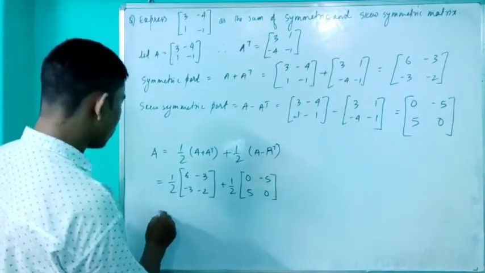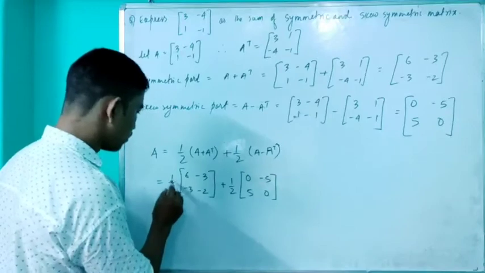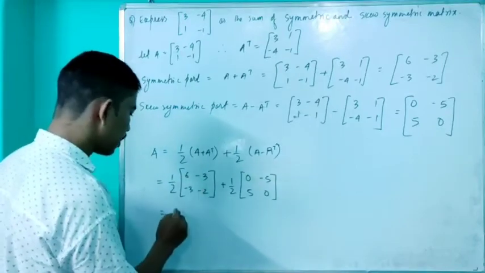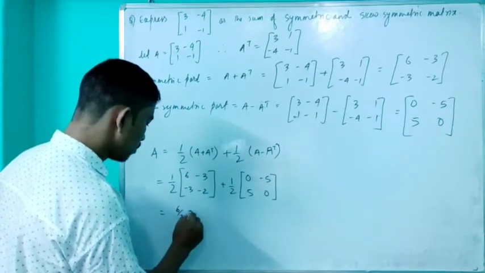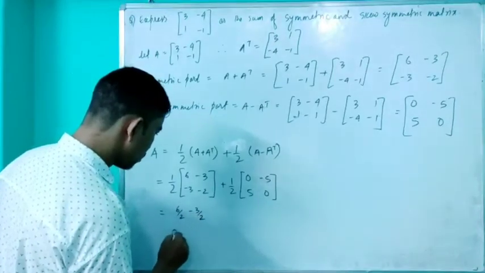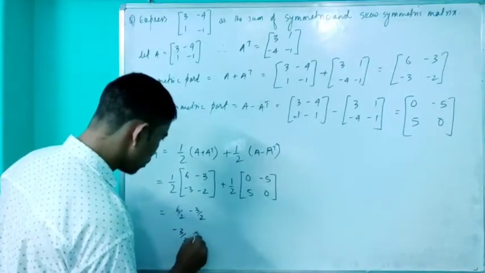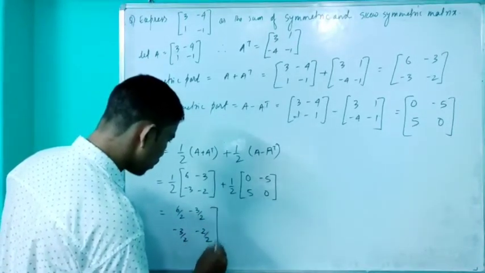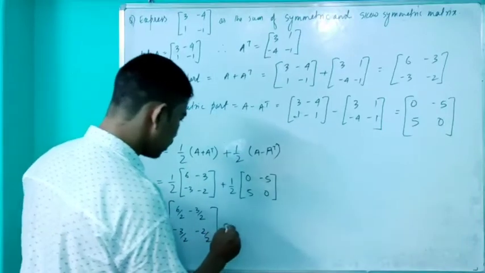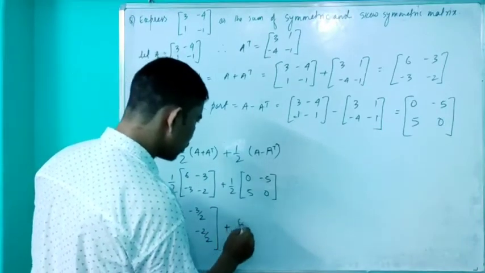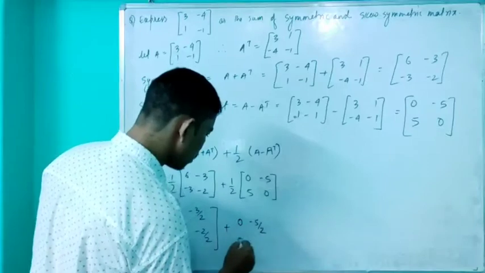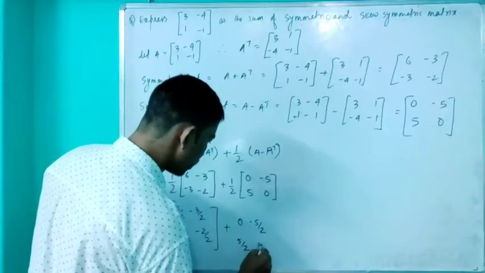Okay, so what will I do now? Now I will multiply each of the elements with half. So I get 6 by 2, minus 3 by 2, minus 3 by 2, minus 2 by 2, and then plus here I will get 0, minus 5 by 2, 5 by 2, and then 0.